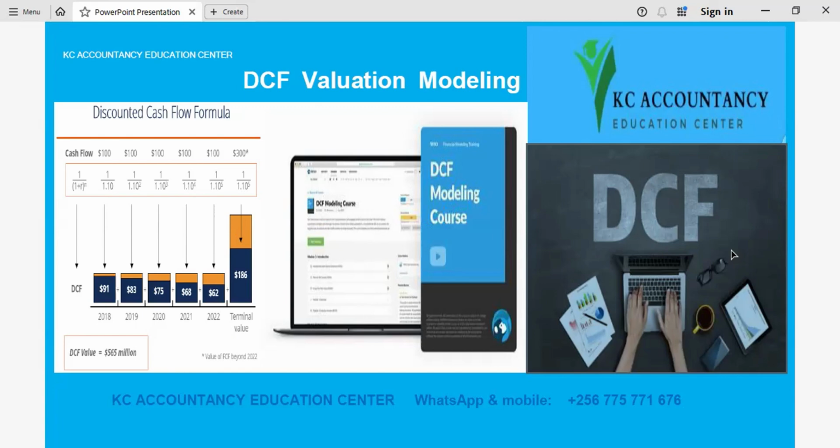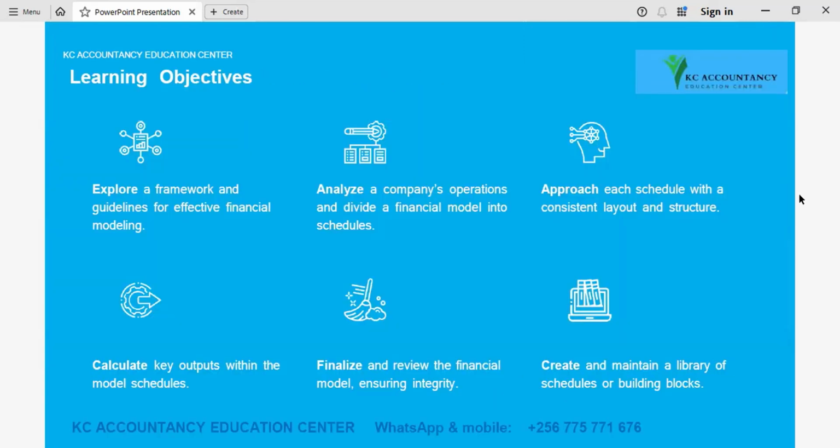Upon completing this course, you will be able to understand. Let's look at some of the objectives. The objectives are actually very many, as summarized in that sheet that we've displayed there.